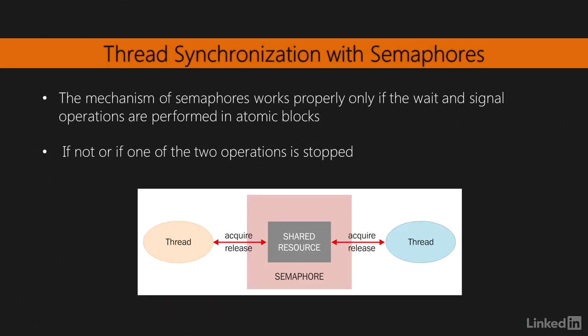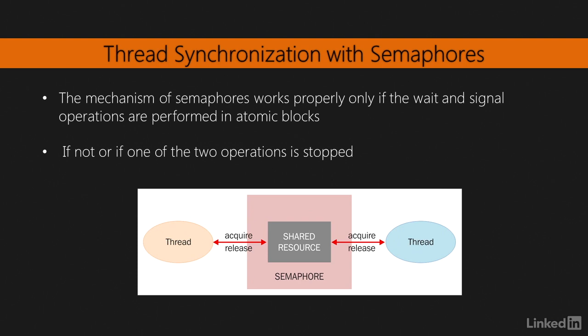Although at first glance the mechanism of semaphores does not present obvious problems, it works properly only if the wait and signal operations are performed in atomic blocks. If not, or if one of the two operations is interrupted, unpleasant situations could arise. Suppose that two threads simultaneously execute the wait operation on a semaphore whose internal variable has the value 1.